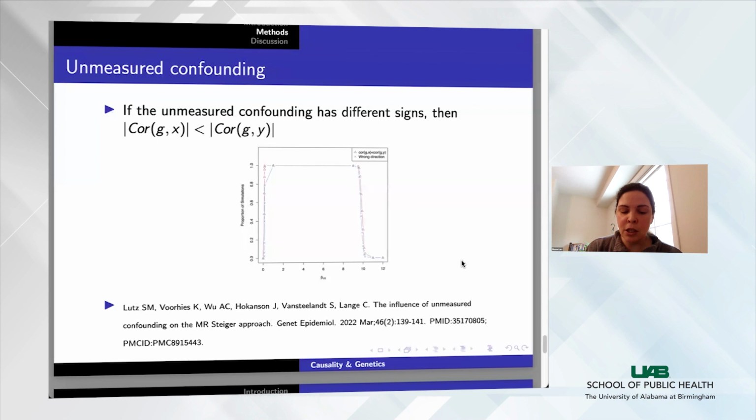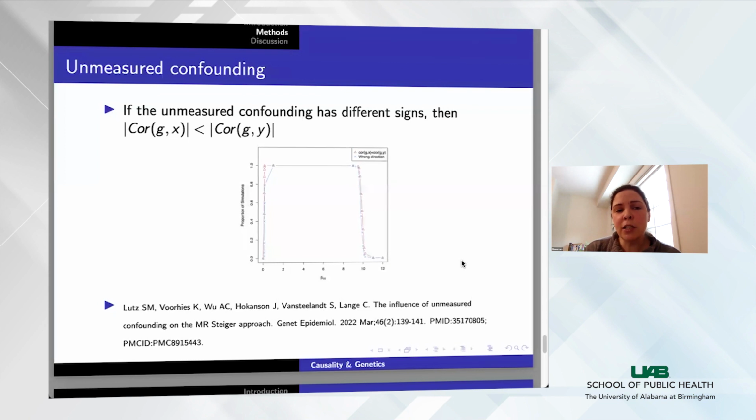So originally, we didn't think that the unmeasured confounding would be an issue, because when you think about your directed acyclic graph and your standard MR approaches, the effect of the SNP on the mediator, then to the unmeasured confounder, then the outcome, that mediator would be a collider on the path, which would potentially be robust to unmeasured confounding. So it shouldn't maybe be an issue.